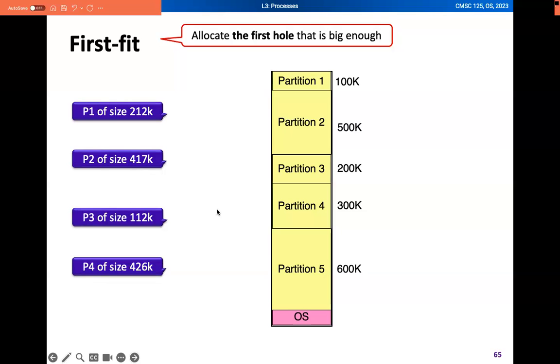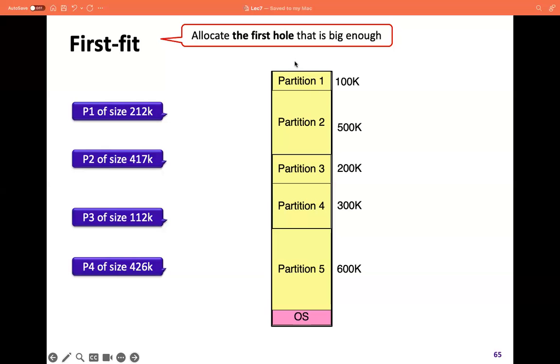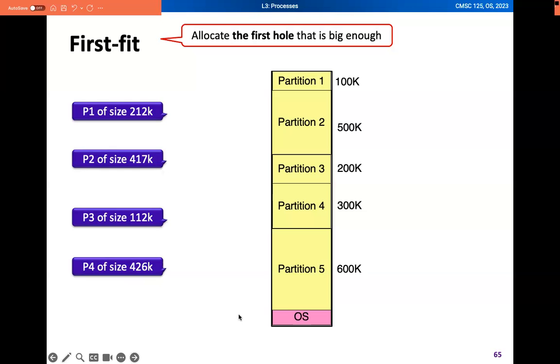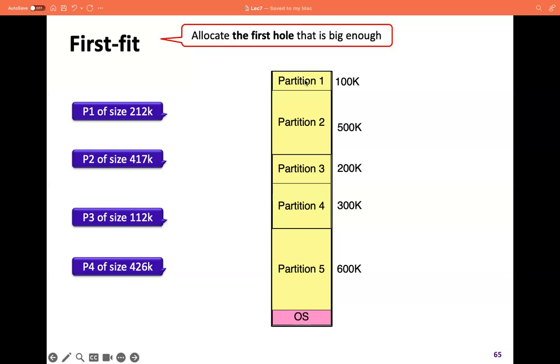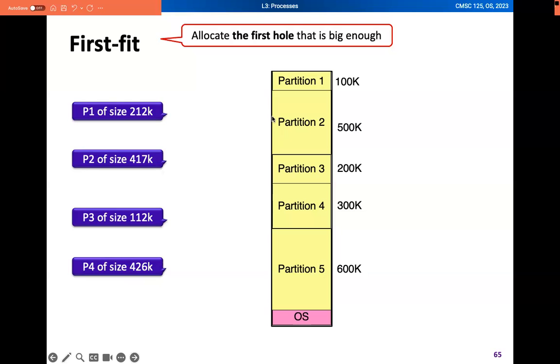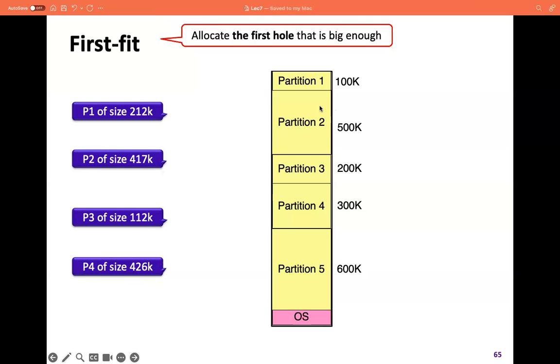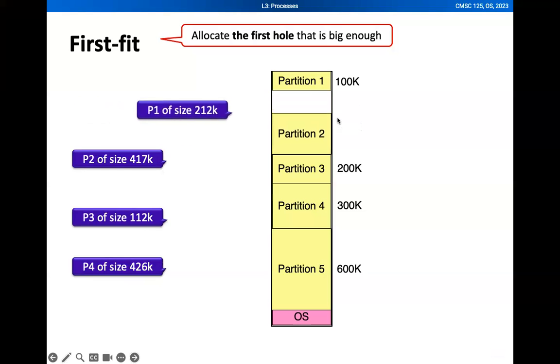As we have mentioned, it starts searching from the beginning of the memory to the bottom of the memory, and it selects the first block that satisfies the size requirements. Now, does P1 of size 212K fit in 100K? No. Next it looks at partition 2. Does P1 fit in partition 2? Yes.